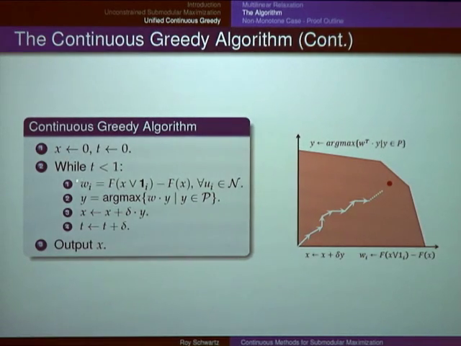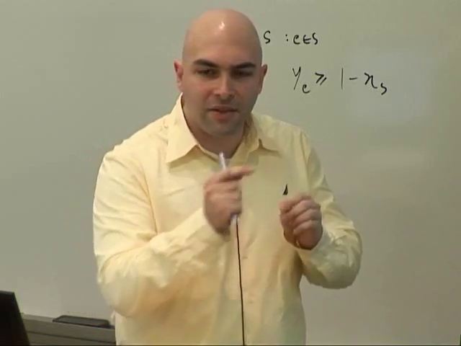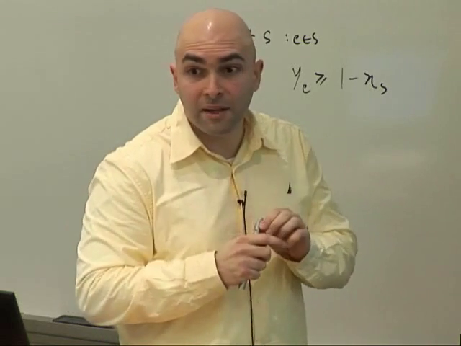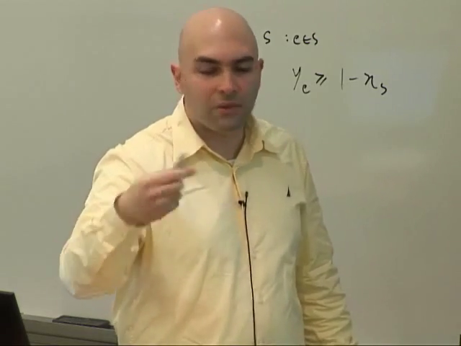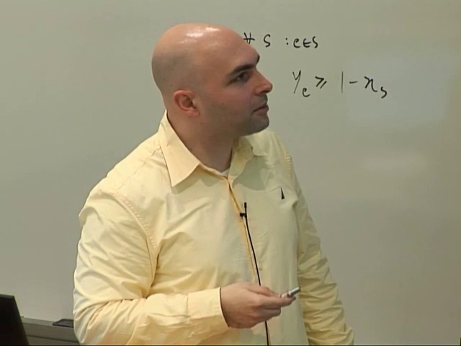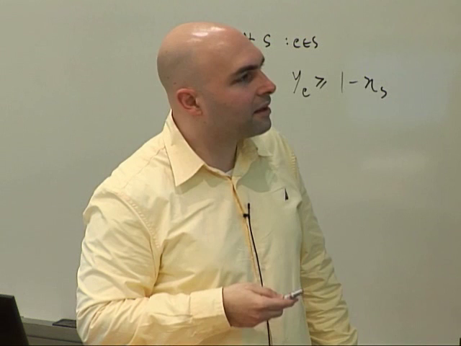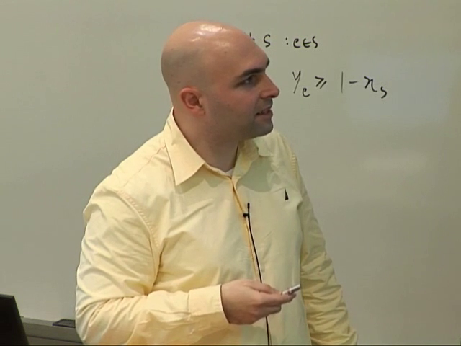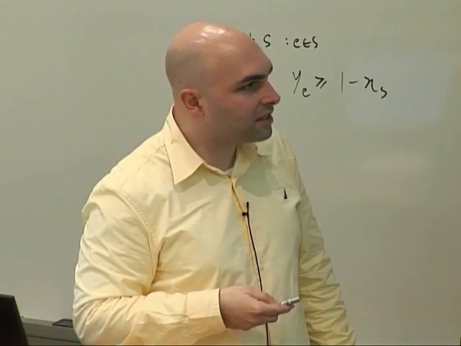The important thing to note is that intuitively it is easier to think of the algorithm as running in continuous time. The time starts at 0 and then goes delta, 2 delta, 3 delta until we stop, so it's easy to talk about time when running the algorithm. Each time we compute the marginal values according to the multilinear extension, find the best point in the polytope, move in that direction, and update the time.